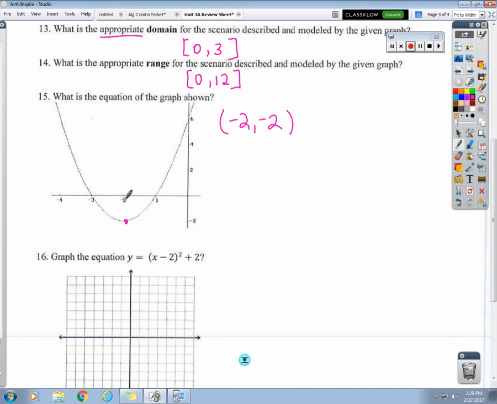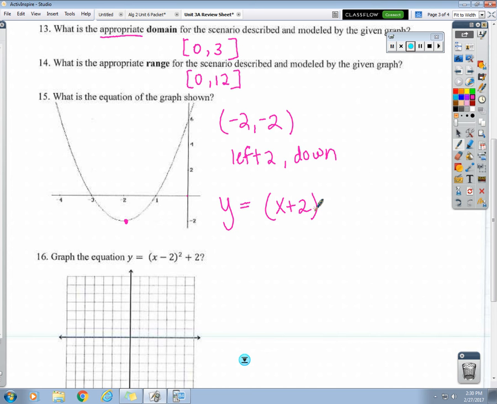From the origin, left 2, down 2, correct? So, in an equation, how do you represent left 2 in vertex form? X plus 2, and horizontal shifts always go in parentheses. So if it's a left or a right shift, you put it in parentheses.